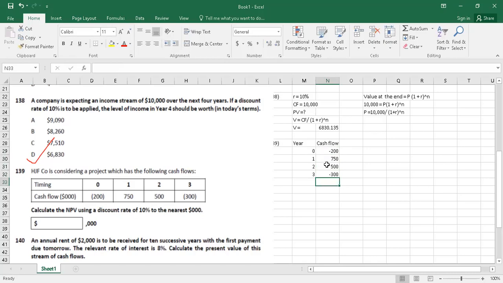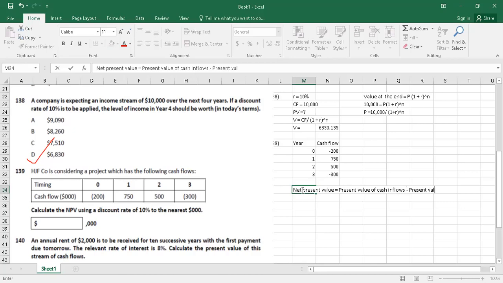What is the formula for NPV, net present value? The net present value will be the present value of cash inflows minus the present value of cash outflows.